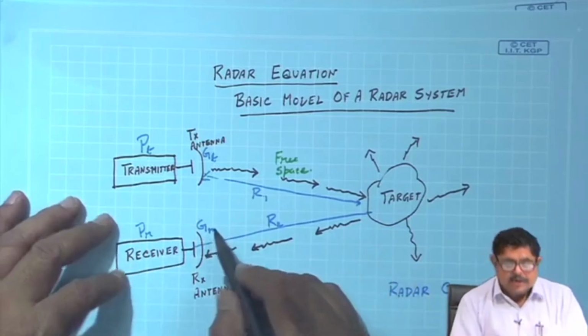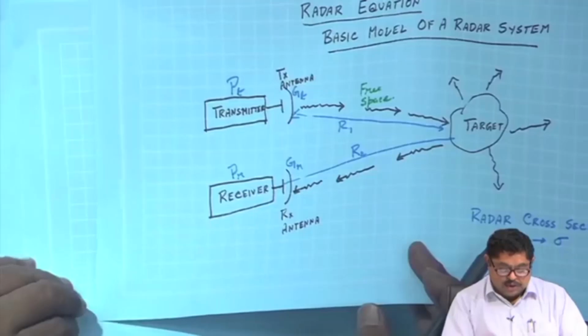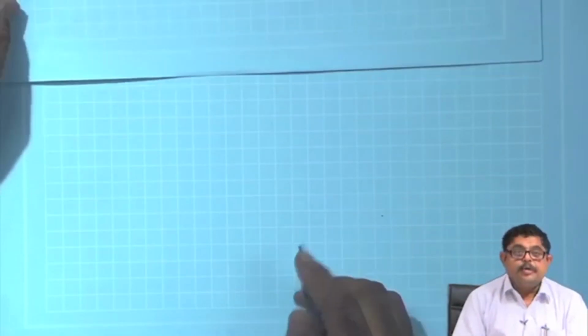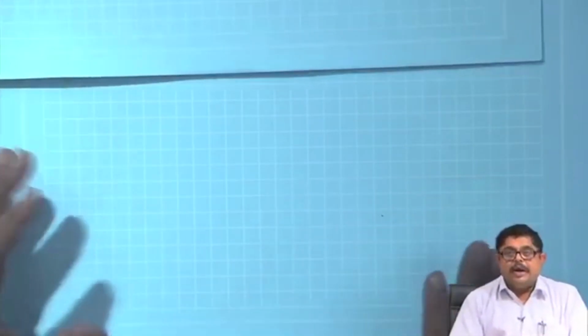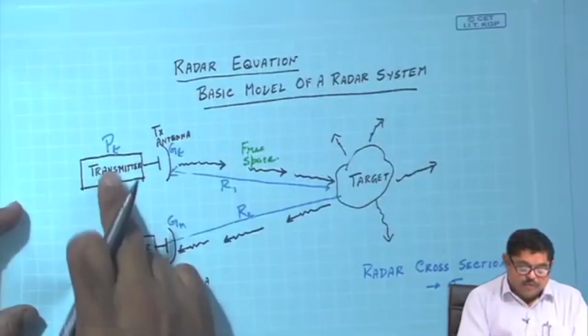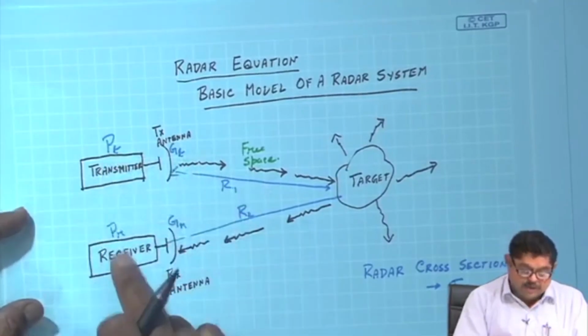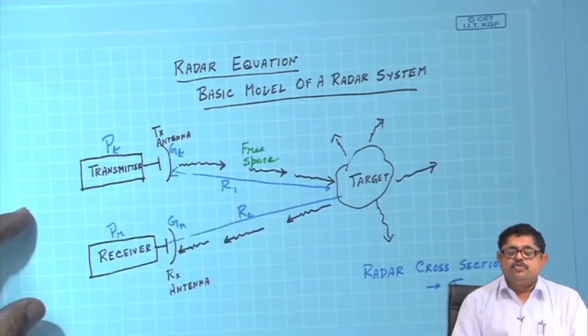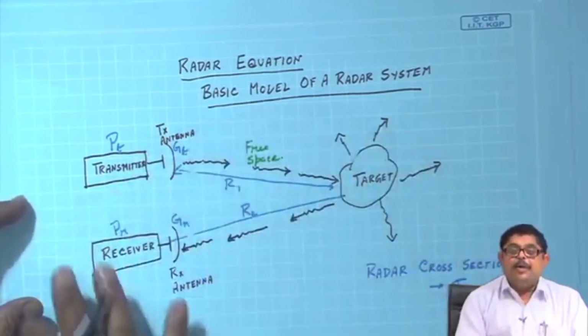So, in that direction this is GR. If we do this, then knowing this from PT, we can find an expression for PR that will help us to connect this whole model mathematically, that we will do now.